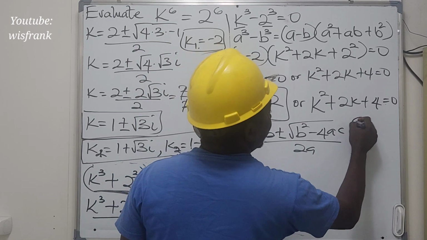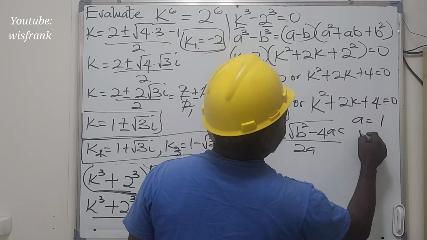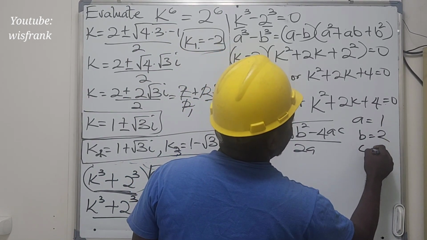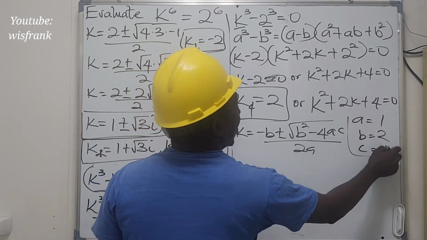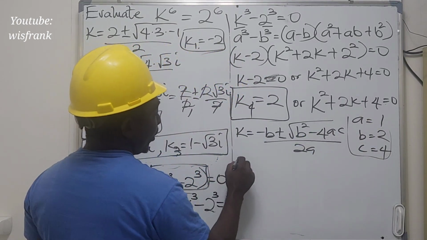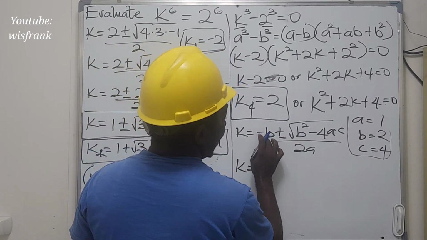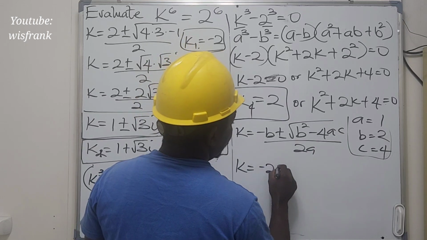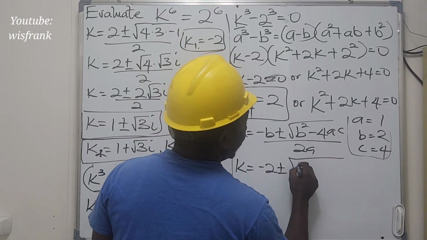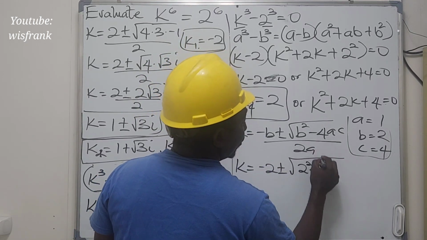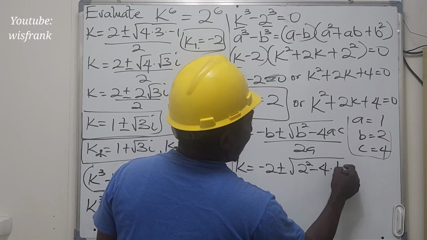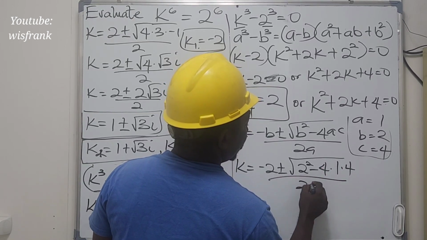From here, our value of a equals 1, our value of b equals 2, and our value of c equals 4. Substituting these parameters into the quadratic formula, we have k equals minus b, which is minus 2, plus or minus the square root of 2 to the power of 2 minus 4 times 1 times 4, all over 2 times 1.